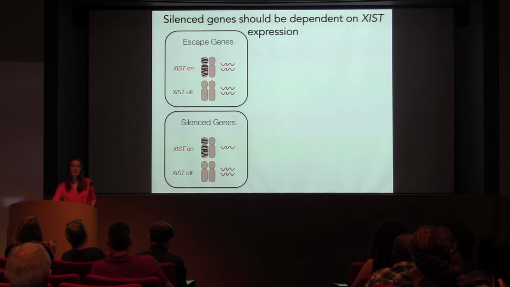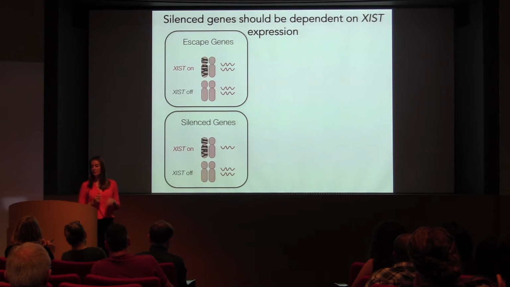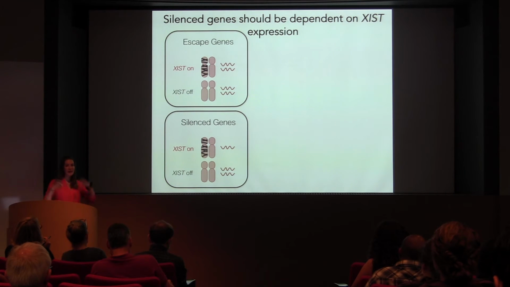And so in order to look at whether these cells are equivalent, we looked at genes on the X chromosome. There are two types of genes on the X chromosome: escape genes and silenced genes. Now, escape genes don't care what's happening to the X chromosome. They don't care if it's inactivated. They're always expressed.